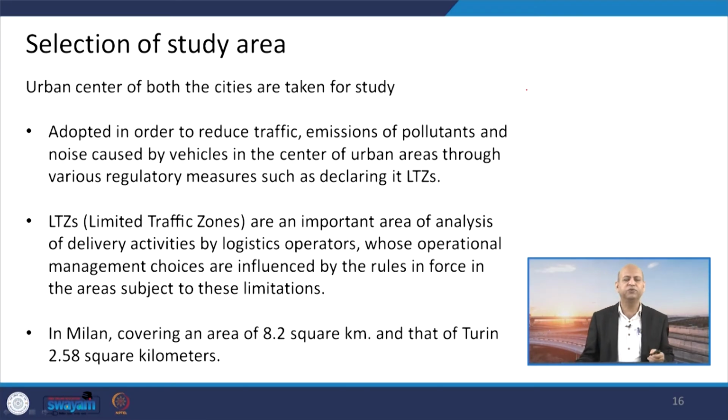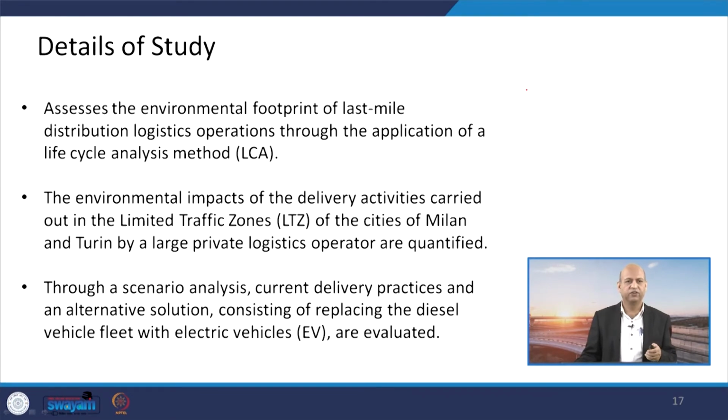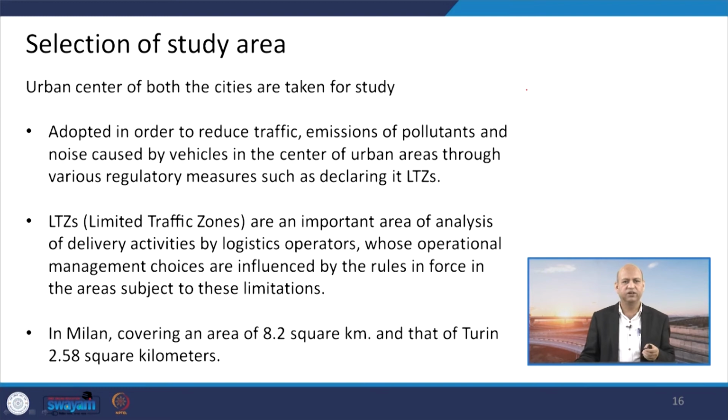You can identify those areas, and these are also the pathways for movement, so you have to restrict them for lowering the noise, improving the air quality, and minimizing the traffic flow. The areas differ, for example, 8 square kilometers for Milan, and for Turin it is only around 3 square kilometers, which is defined as the LTZ.